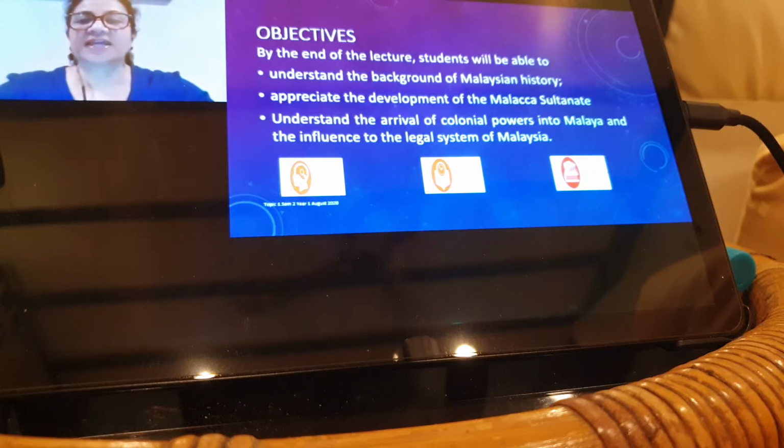By the end of the lecture, students will be able to understand the background of the Malaysian history, appreciate the development of the Malacca Sultanate, and understand the arrival of colonial powers into Malaya and the influence to the legal system of Malaysia.